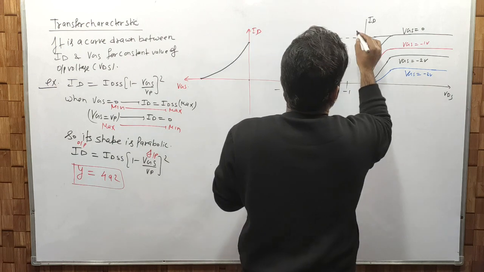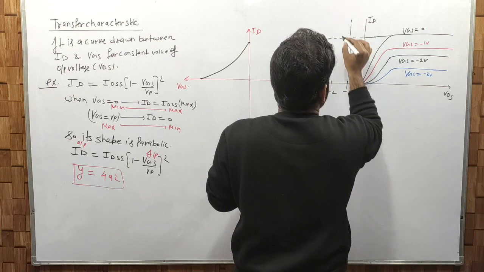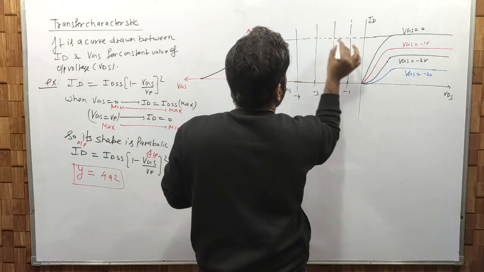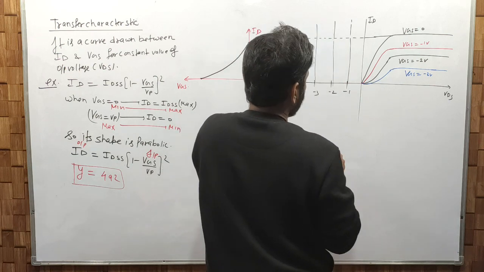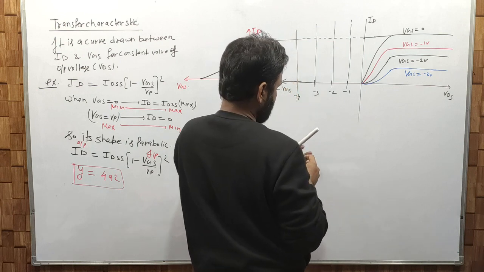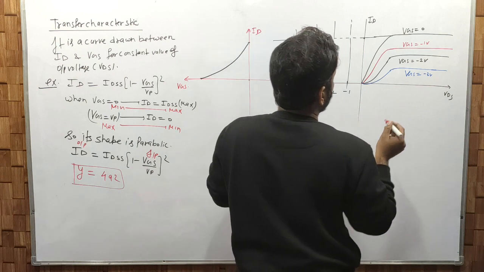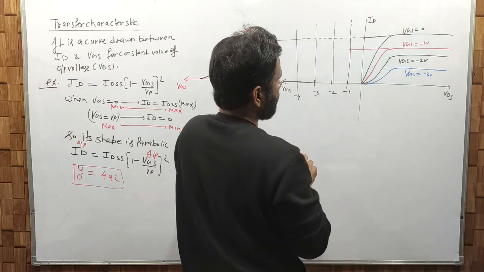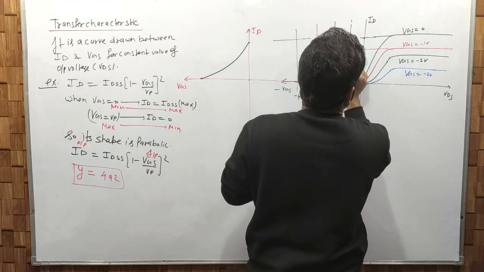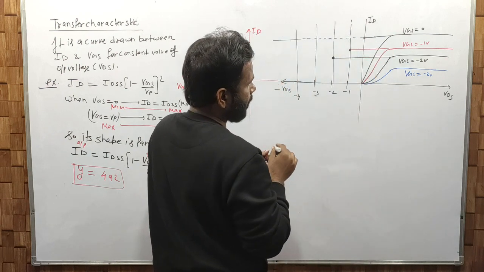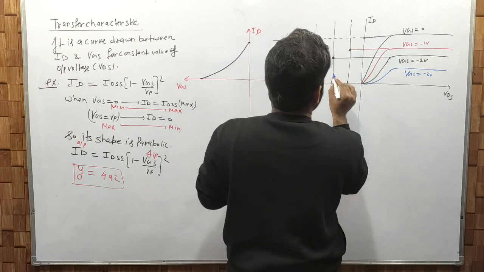This is touching this point when VGS is 0, and this curve is touching -1 volt. Then next one is for -2, and next is for VGS -3.